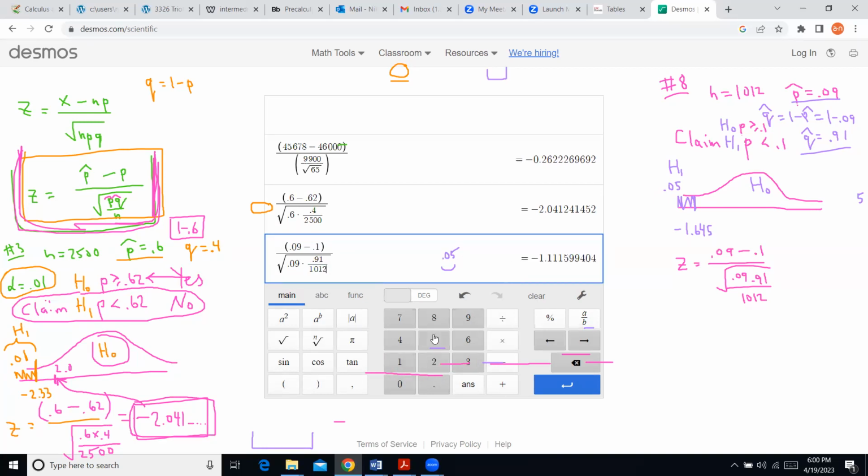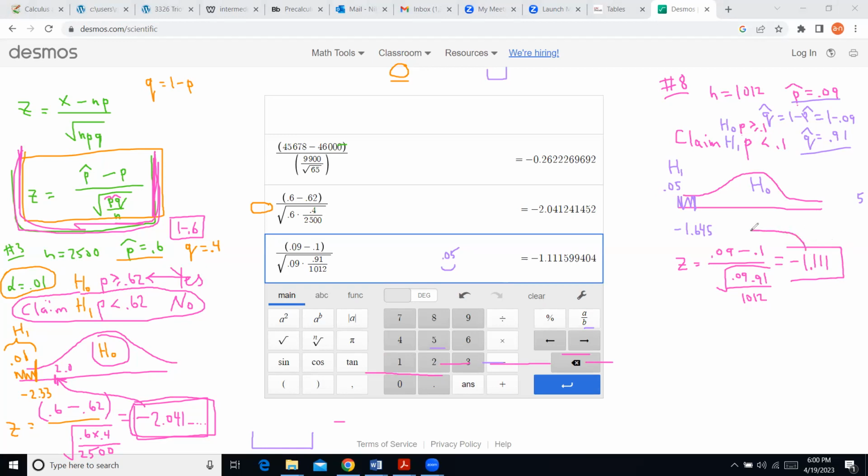So there we go. The Z-score is found. It is -1 and a little something, so it's -1.111. So we have the result of our calculations.